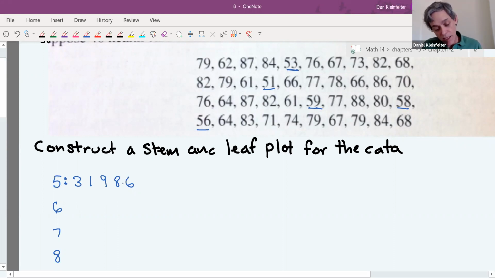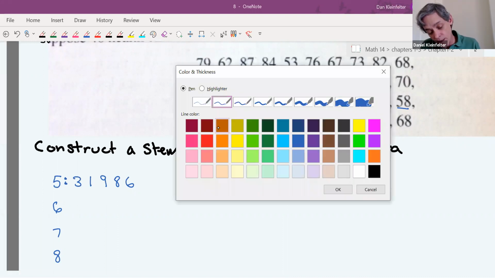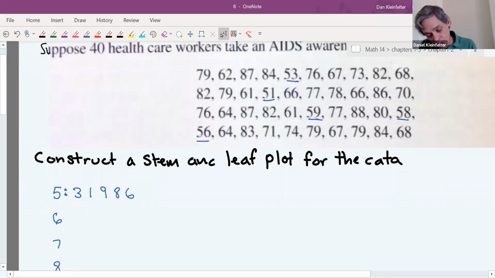Okay, so let me try that next for some 60s. So we'll have 62, and then 67, then 68.